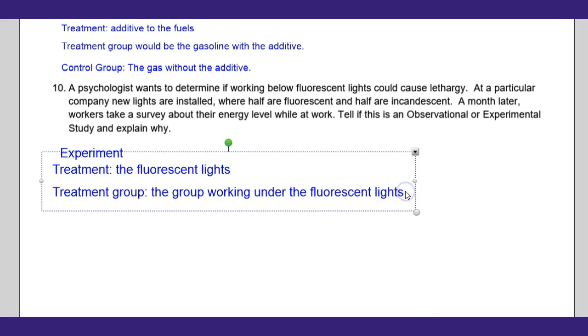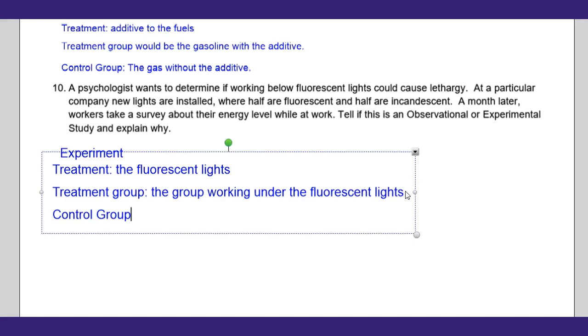Anyway, that's sarcasm to myself. And then my control group would be the group working under the incandescent lights.